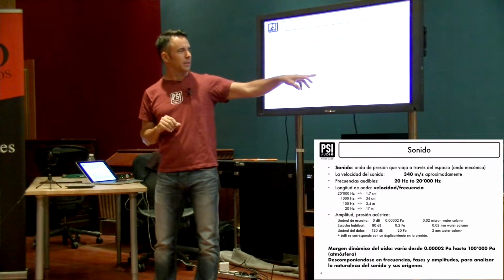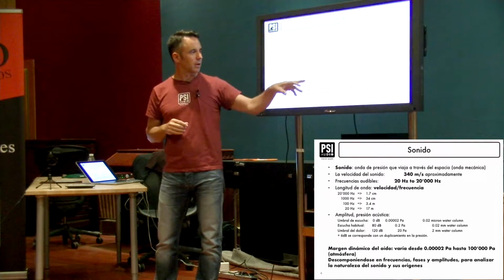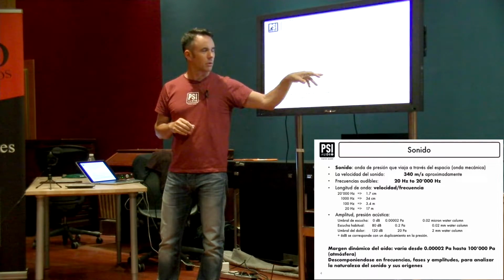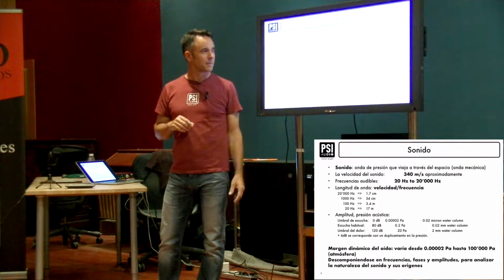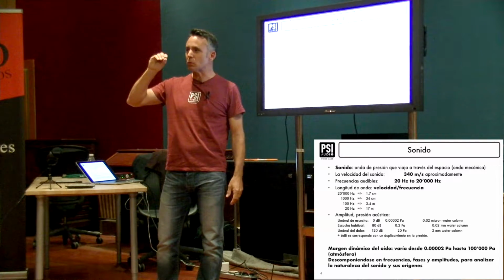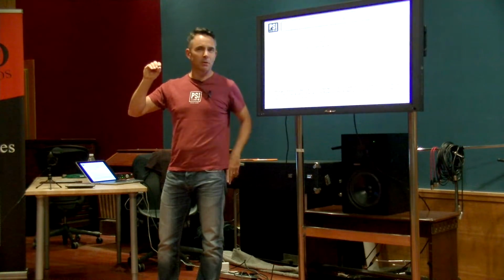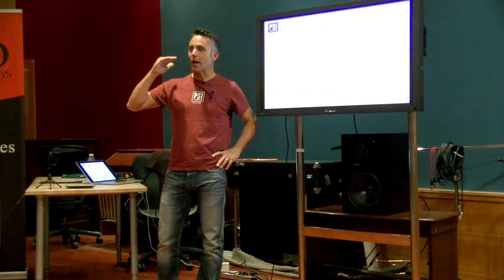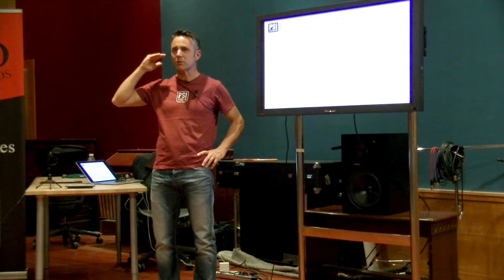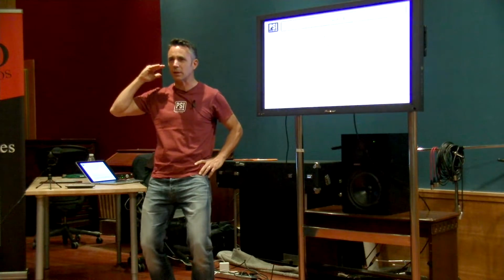Okay, then 80 dB, that's kind of a normal listening environment. That corresponds to 0.2 Pascal, and that's 100th of a millimeter water column. Okay, so that's extremely small, and that corresponds to about 20 millimeters air column. So the difference in atmospheric pressure between here and here.